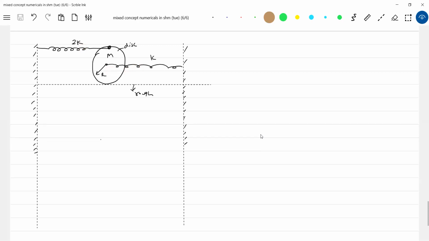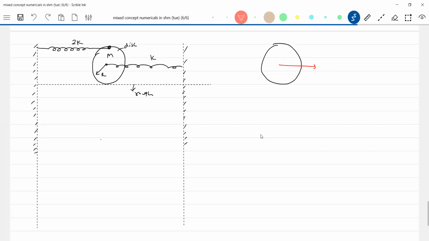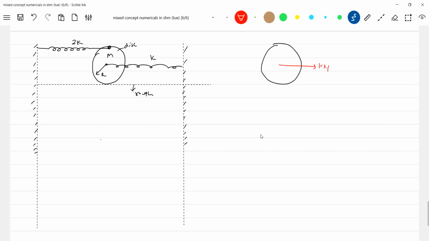Let x1 be the displacement of this. If I move like this, the spring will be compressed, so kx1, and this will be compressed too, 2kx2.